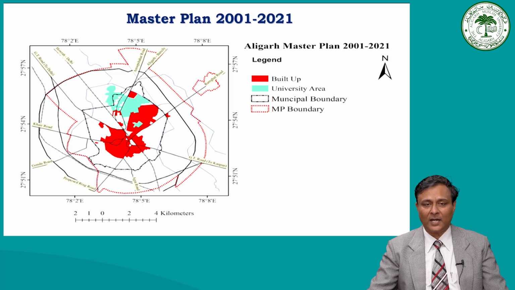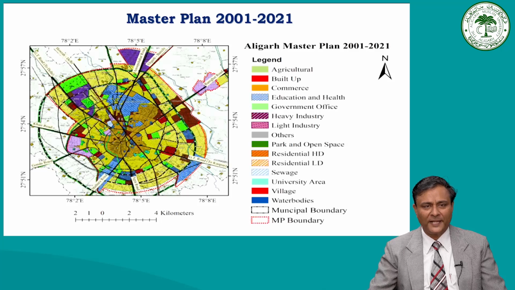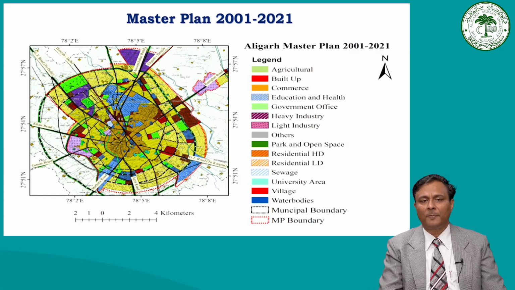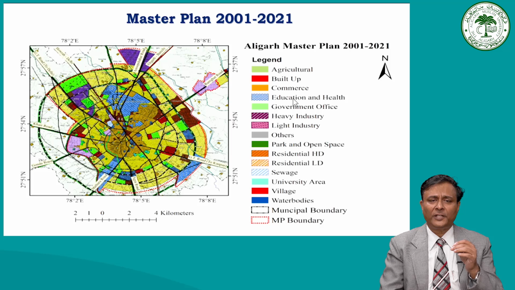Now I am splitting these data. You see, this is quite a complex map, representing many land use classes. You need to specifically look into each single land use class and find it there.